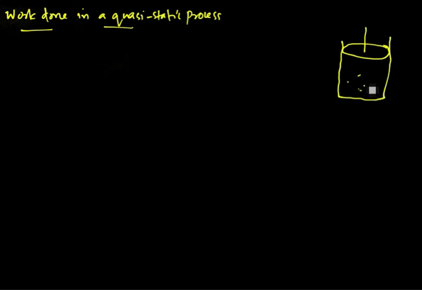So this is a gaseous system contained in a cylinder which is fitted with a frictionless piston. Now consider that the system undergoes a change in its pressure and volume at a constant temperature.